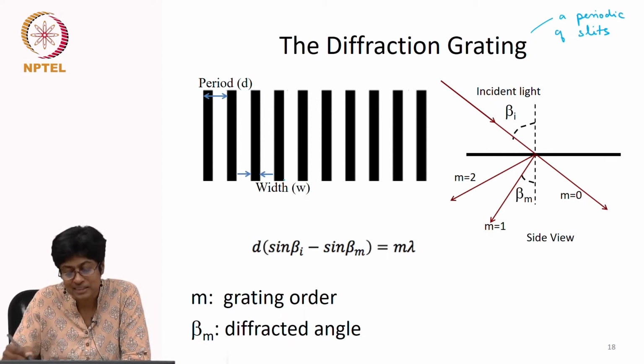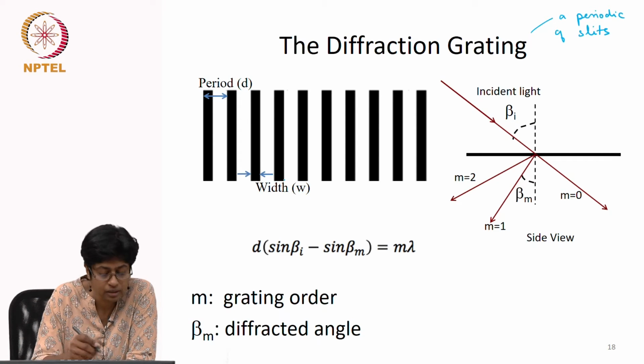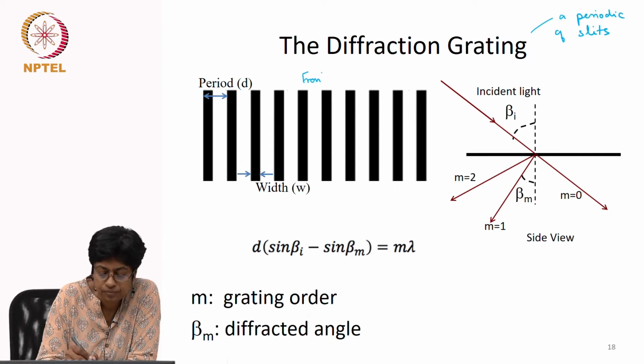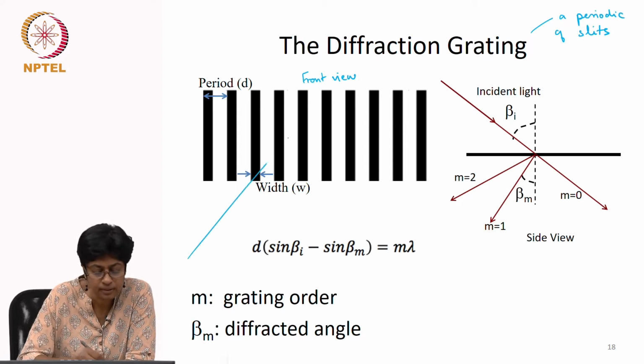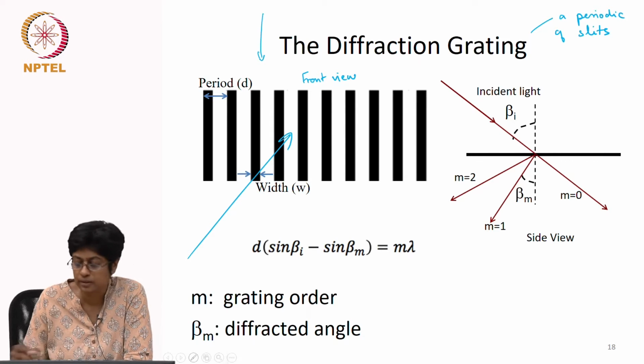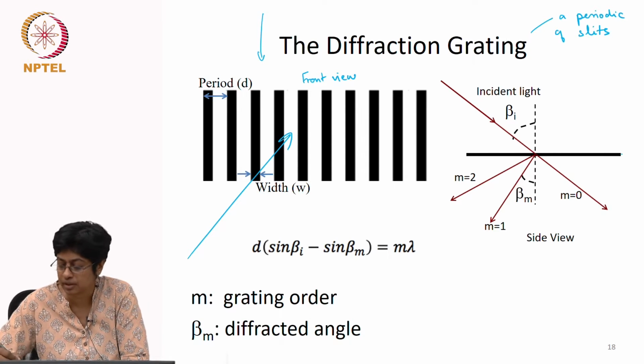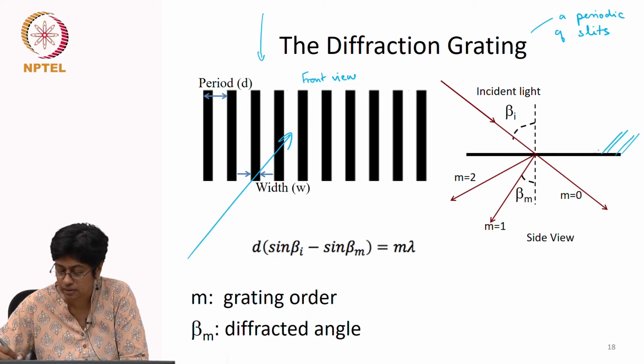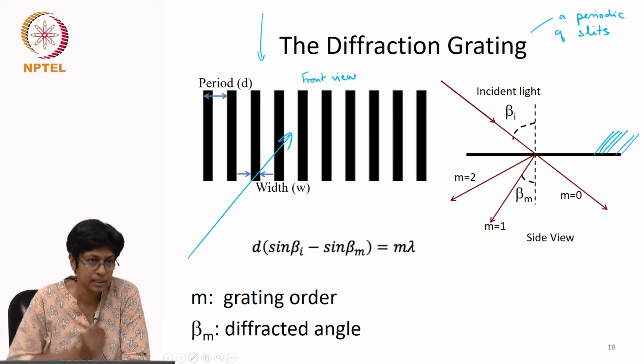When light is incident on the grating, this is a front view of the grating. And now if I were to illuminate the light, and I look at it from this point, that's what you're seeing over here. So the grating exists like this, and you're illuminating the light.